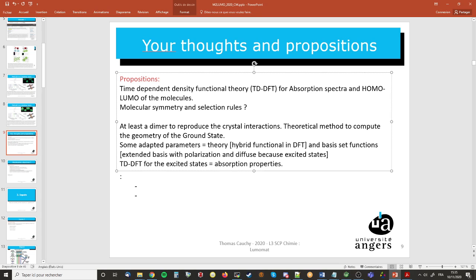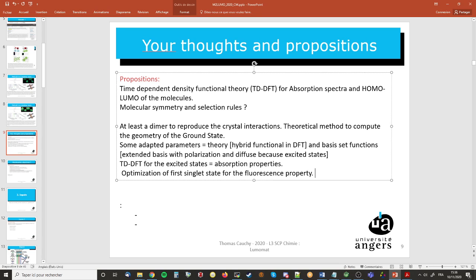And then I'm not sure, but it must be in the inputs, but we should be able to observe the emission spectra afterwards, or we need to maybe optimize the first singlet state before, maybe to be able to observe the fluorescence of the molecule. I'm not sure about this. Okay. Thanks.